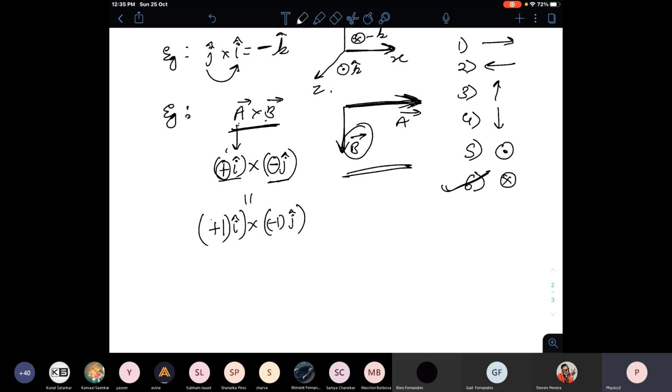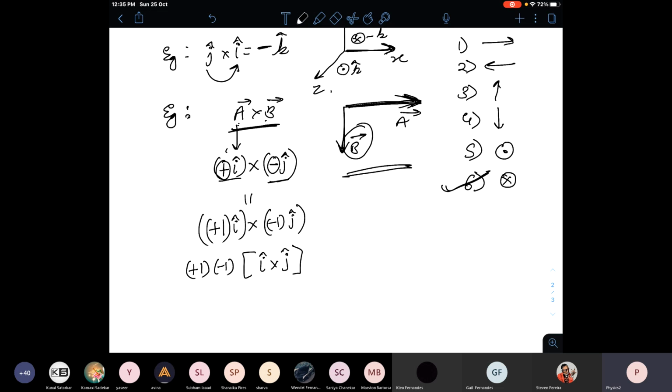So plus 1 and minus 1 are what? They are basically scalars. So scalars will be multiplied like scalars only. So what you can see here is that it is plus 1 into minus 1 into I cap cross J cap. I removed them out of the cross product.